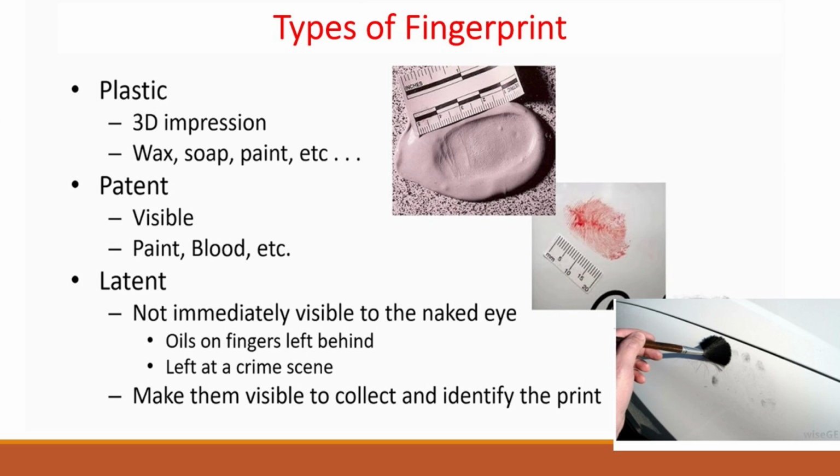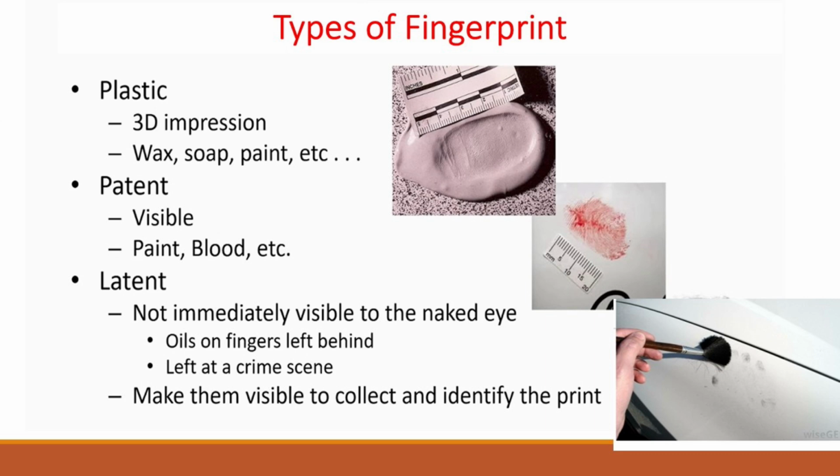This one is not immediately visible to the naked eye because it is deposited by the oil and water on fingers. So the criminal unintentionally, unknowingly, will leave it on surfaces at the crime scene.